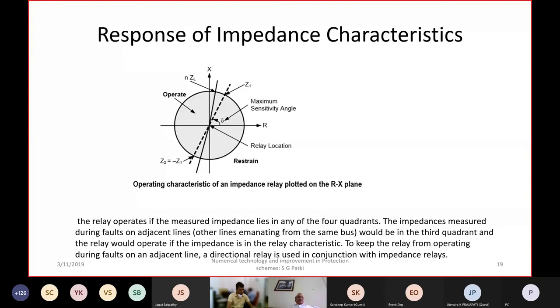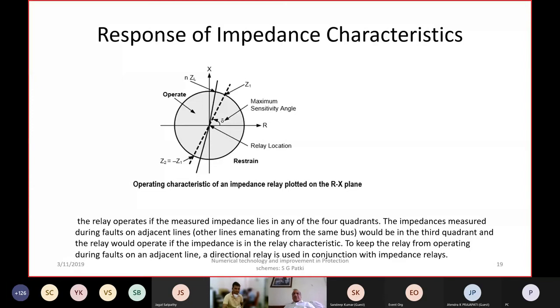The next protection, whether it's a transformer or generator or transmission line, which reacts to various abnormal conditions, is the impedance based protection. Impedance protection is very much applied on transmission line protection, distance relays.